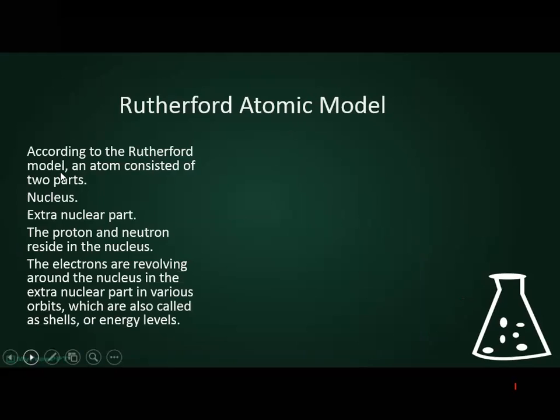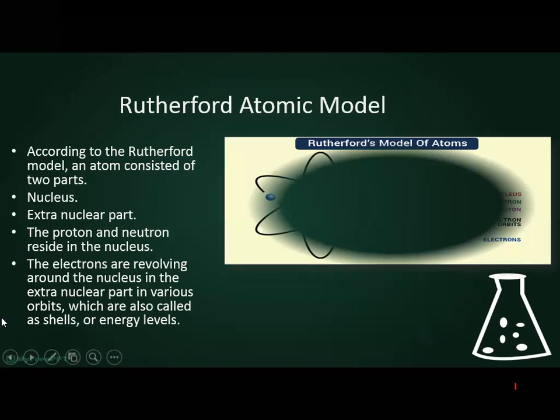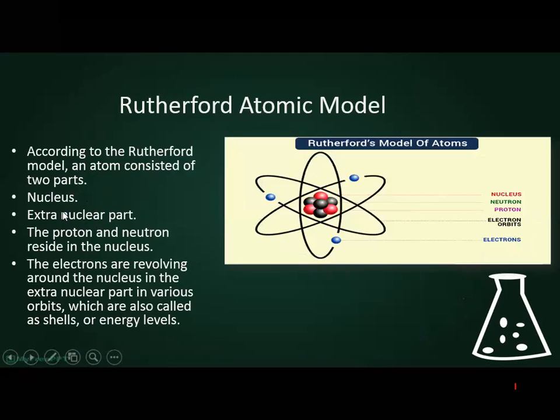Next is the Rutherford atomic model. After carrying out certain experiments, he proposed that an atom has two parts: the nucleus and the extranuclear part. We have gone through it several times and learned each thing in detail, so I am going through it very quickly.